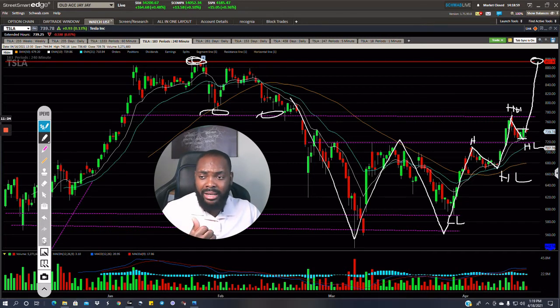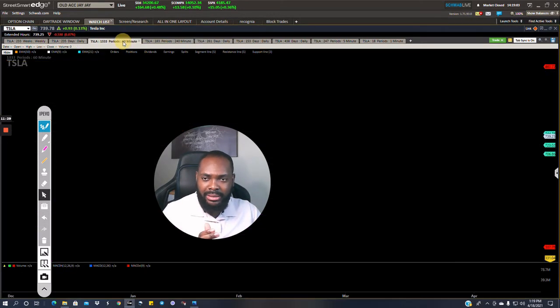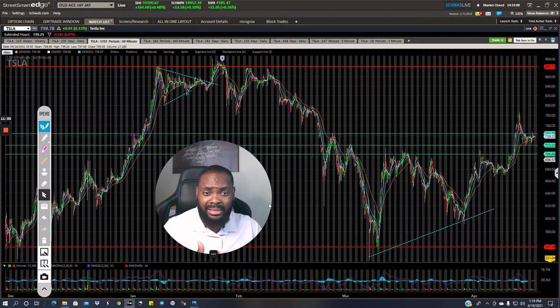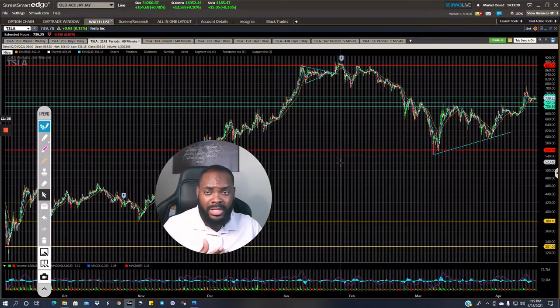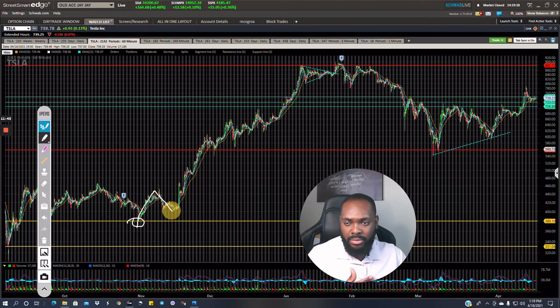All right, so now we're going to continue with our multiple time frame analysis, and we're going to go back to the hourly chart. When we look at the hourly chart, same stock, very same stock, Tesla just the same. We can see, guys, November, after we bounce here, boom, we run up, pull back to this level.